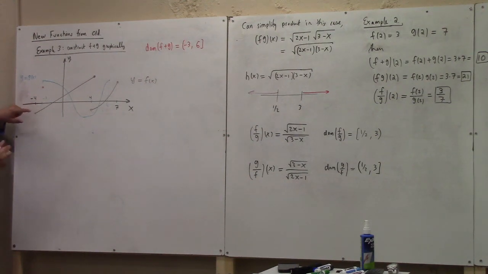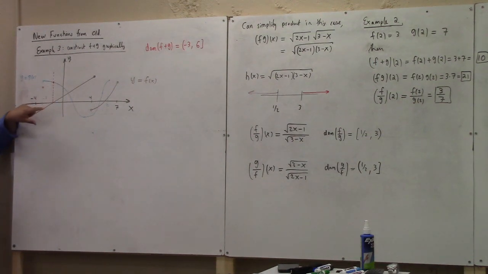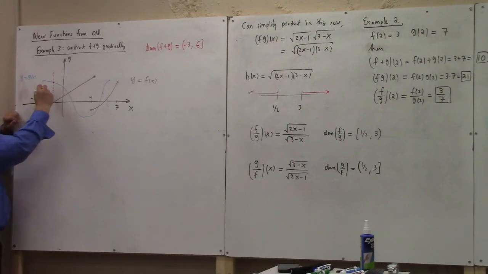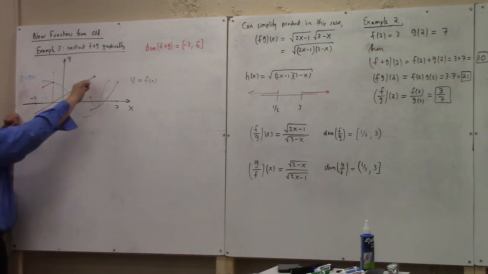So if you think about adding the brown to the blue, then when we cross the x-axis right here, we're going to intersect right there like that. So it kind of goes like this. And then over here, the brown graph is positive, right?